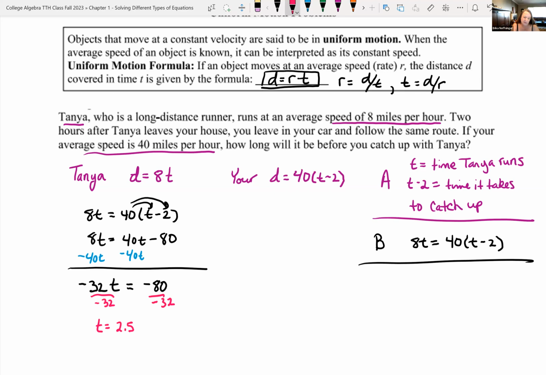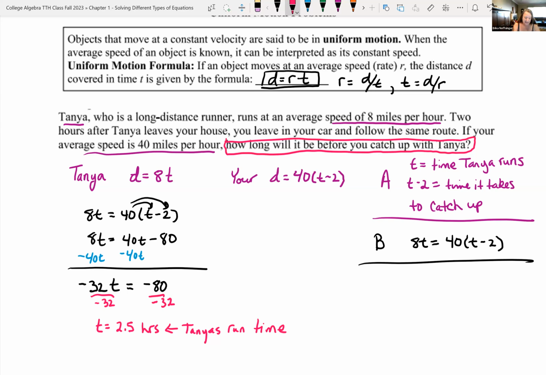How long will it be before you catch up to Tanya, though, is the question. So I know that Tanya ran for 2.5 hours. And I left 2 hours after Tanya started running.